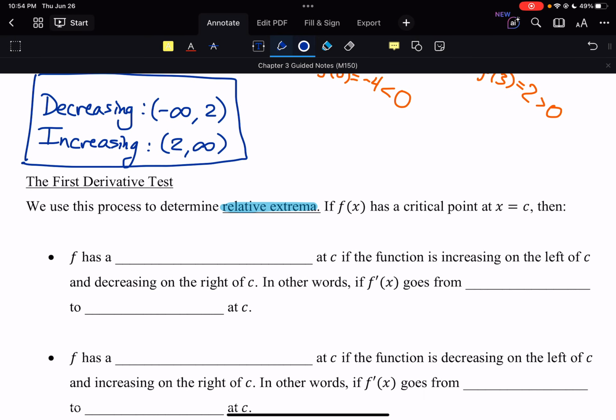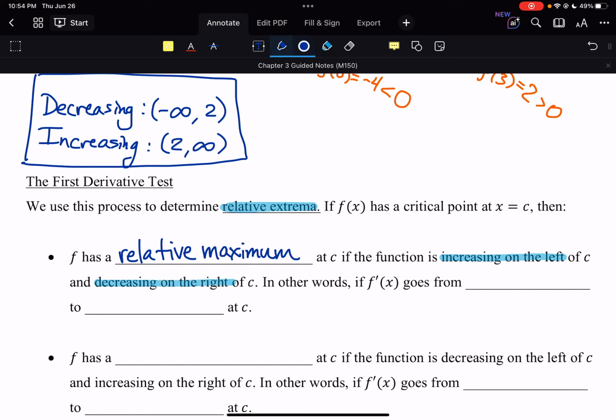So we can say if f of x has a critical point at x equals c, then f has a relative maximum at c if the function is increasing on the left of c and decreasing on the right of c.